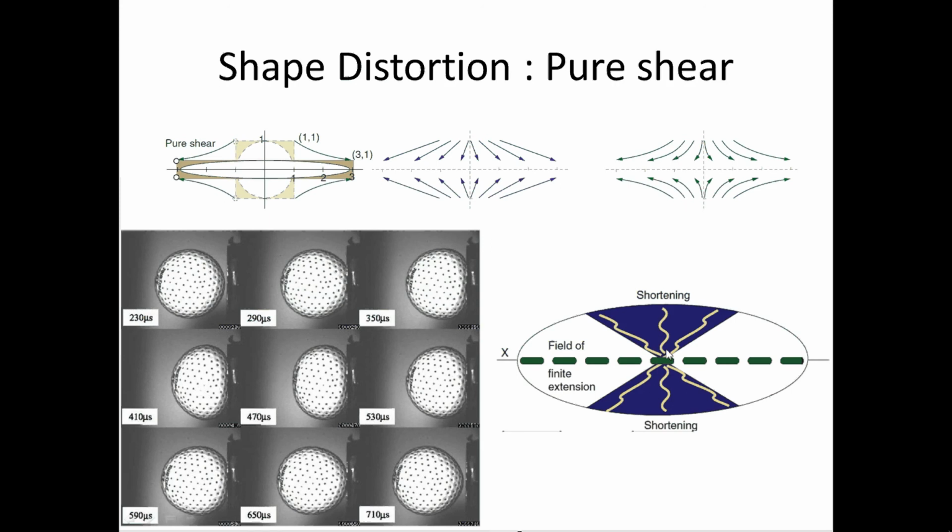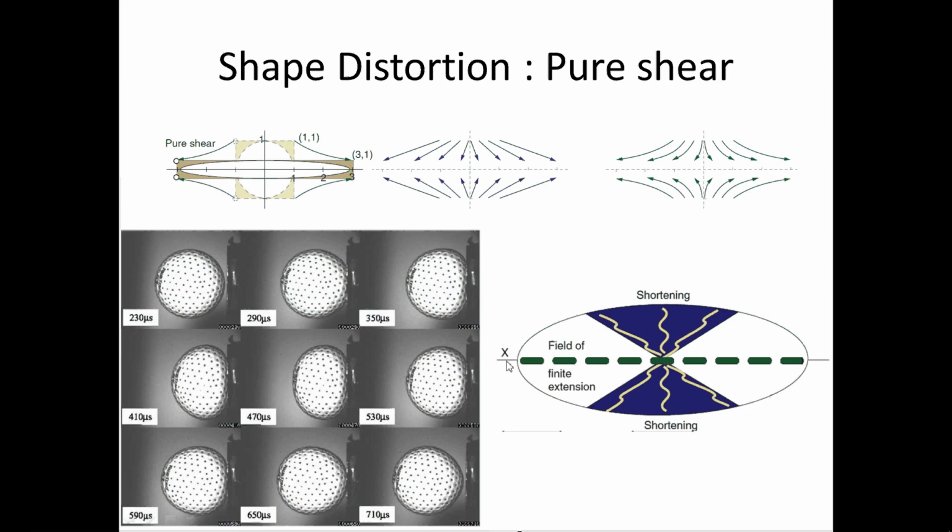So here we are getting folds, and as a material line is oriented farther away from this axis, there will be less and less accumulation of strain in it, and it will develop a less intense fold.